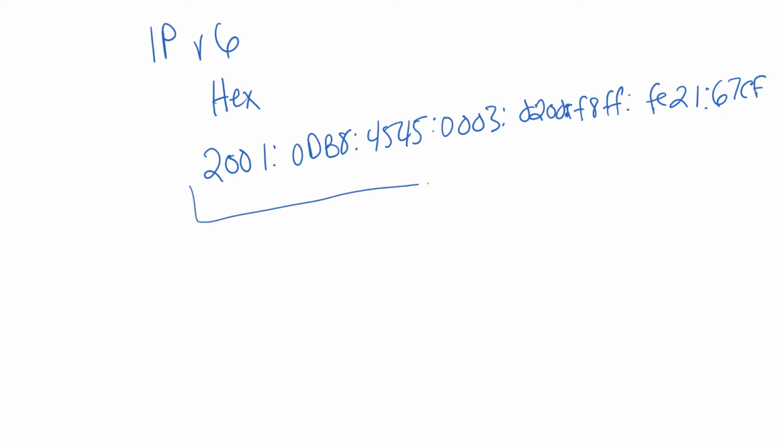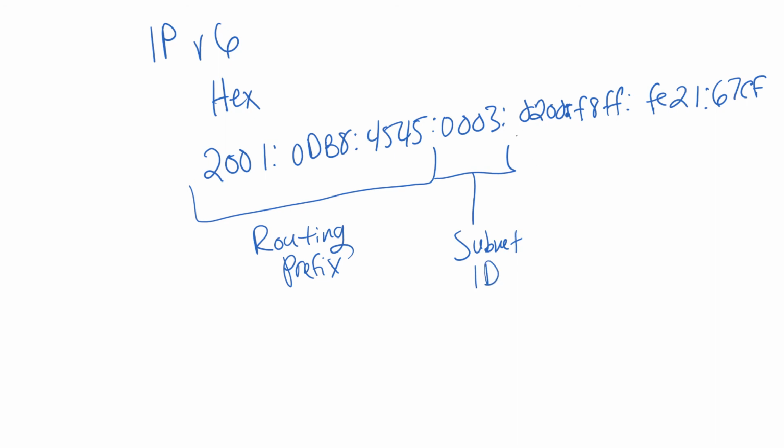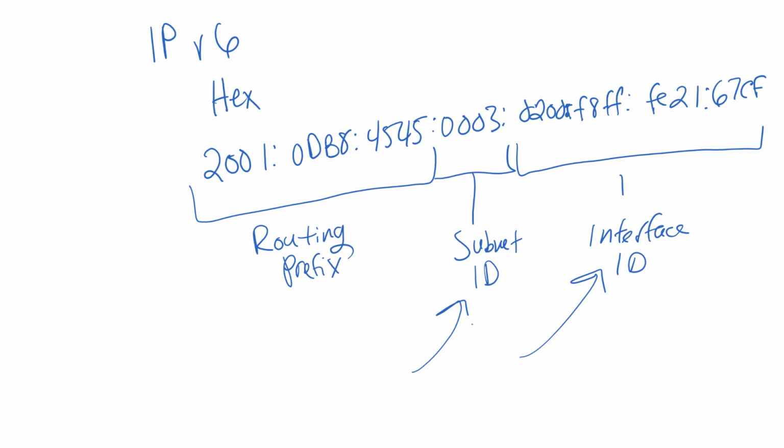We might have this section as a routing prefix, this as a subnet ID, and this as the interface. In other words, this is the network interface for your device. This is the subnetwork you're on, and this tells it how to get where it's going.